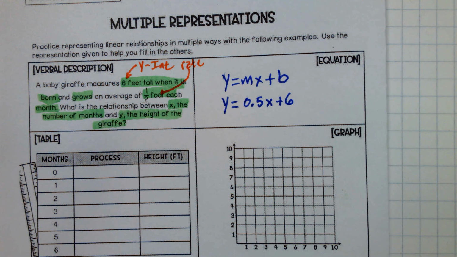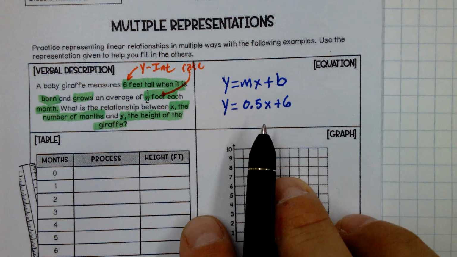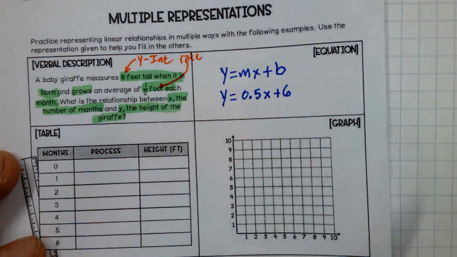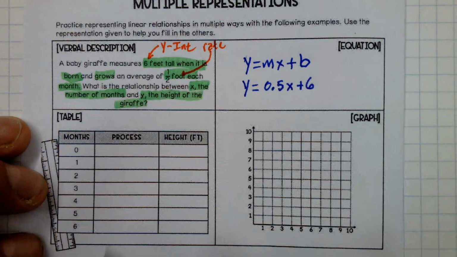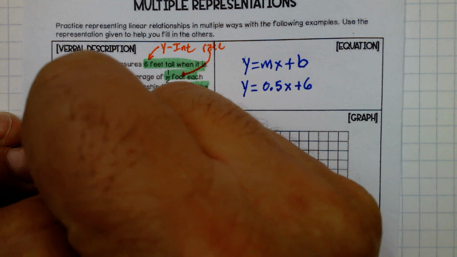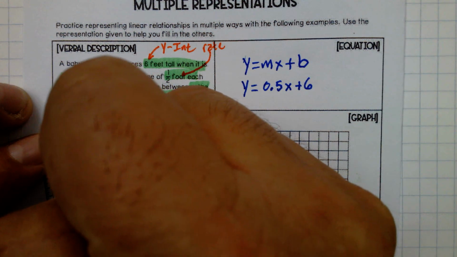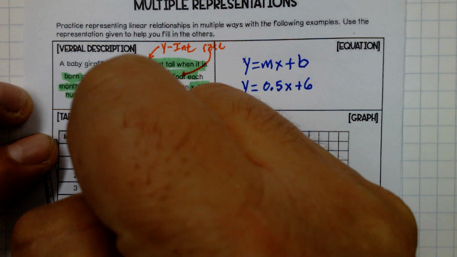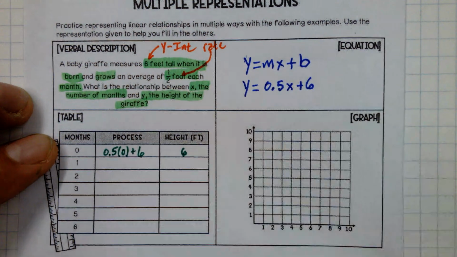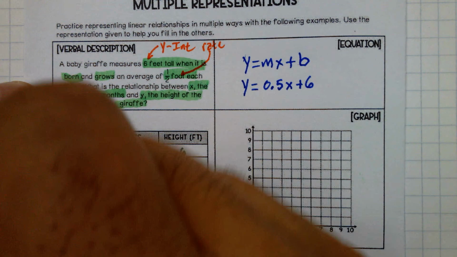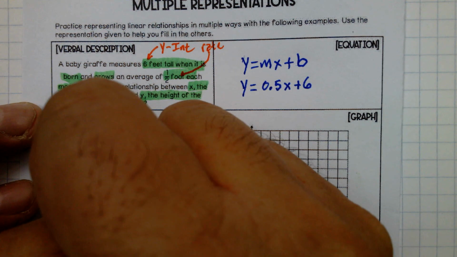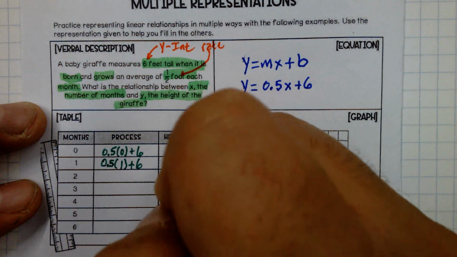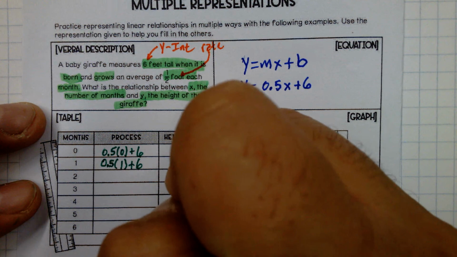Okay, so let's move forward. The next thing we want to do is represent this as a table. So we're going to process the information. This is what we do when we process. So we can do like 0.5 on month 0 would be 0 plus 6, which would be 6. And then we could do that for month 1, 0.5 times 1 plus 6, which would be 6.5.